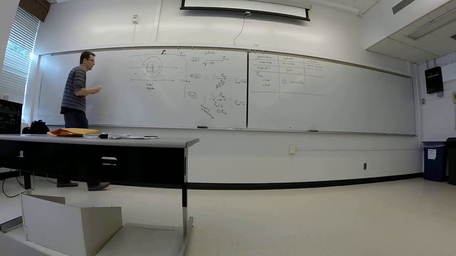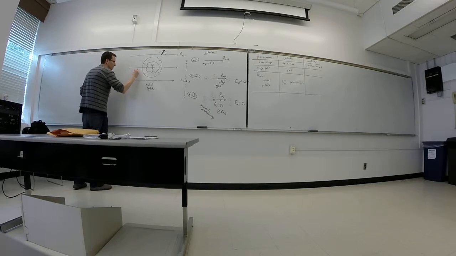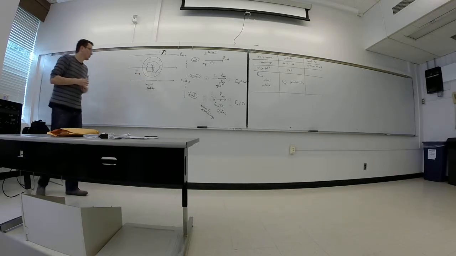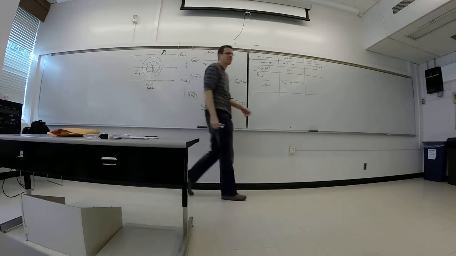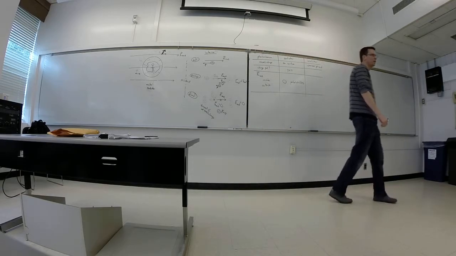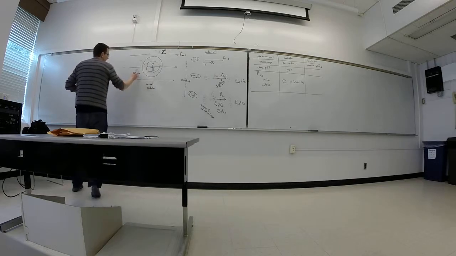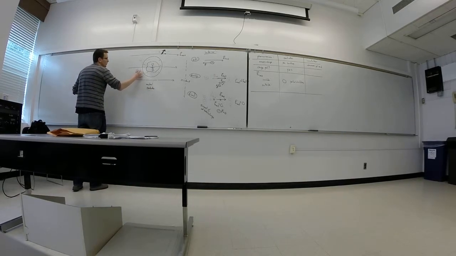So there I'd have to do the vector addition of this and this. So E external is easy because it's always to the right, but this E induced field is all this crazy shape. So if I had to guess just by eyeball, I might guess that E net looks something like that.